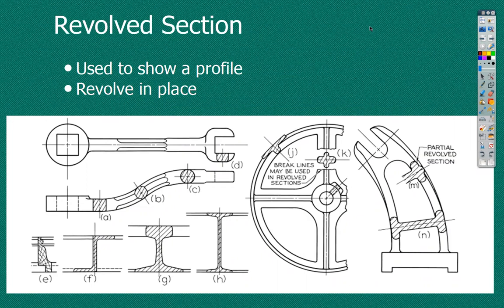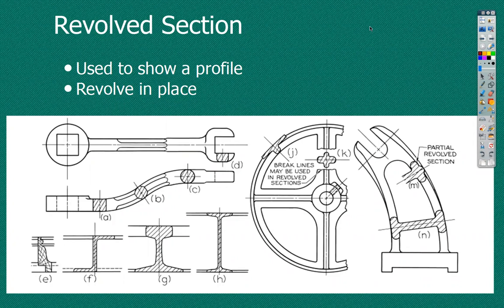You can do it like this, where you still have the lines connecting, but it's not really the best thing to do. Usually with a revolve section, this is the preferred way. We have breaks on either side of it, but to do that in CAD is really hard. In 3D CAD.